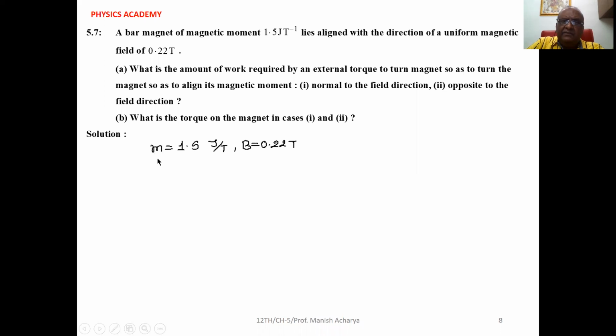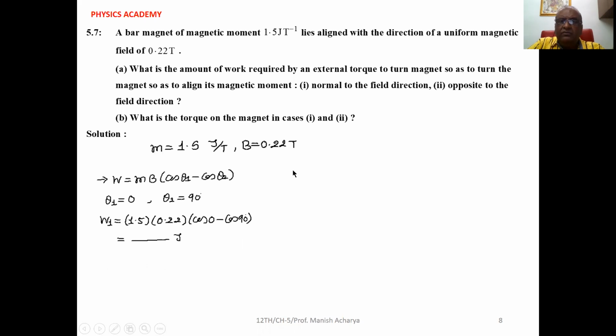Now see, the magnetic moment of the bar magnet given to you is 1.5 joule per Tesla, and the magnetic field is 0.22 Tesla. Now we have the equation for the work done to rotate the bar magnet, or we can say the magnetic moment, in the magnetic field from angle theta 1 to theta 2.